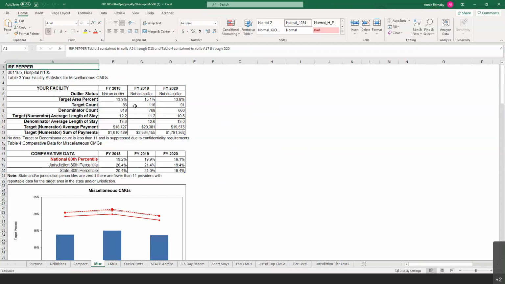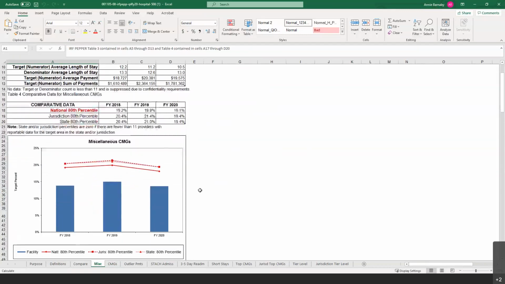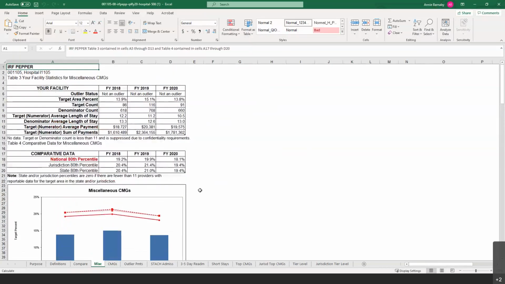Next, we have the comparative data for the facility in chart form. We're going to look at where that national 80th percentile is. Where was that line drawn in that list of percent outcomes? Well, in FY 2018, that line was drawn at 19.2%.